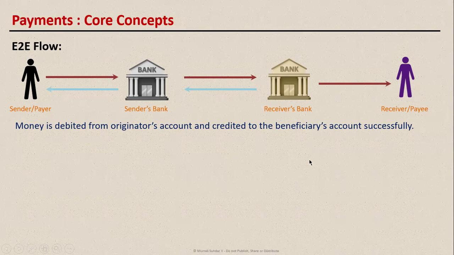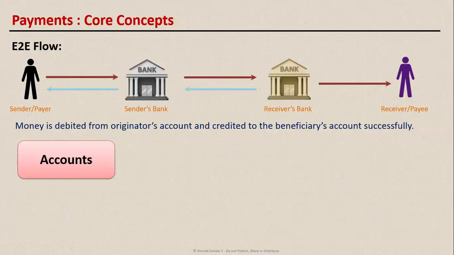For that, we have some core concepts that are used for payments. The concepts that we are going to see apply to domestic transfer, and except 2 to 3 concepts, almost all of them apply to cross-border also. Okay, so we are going to see those things.